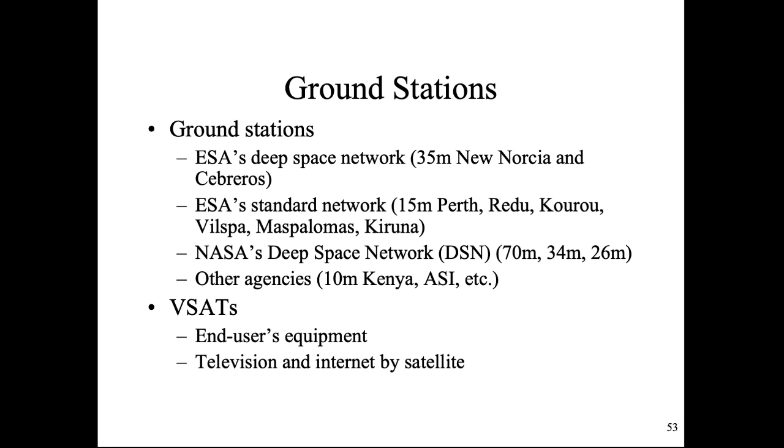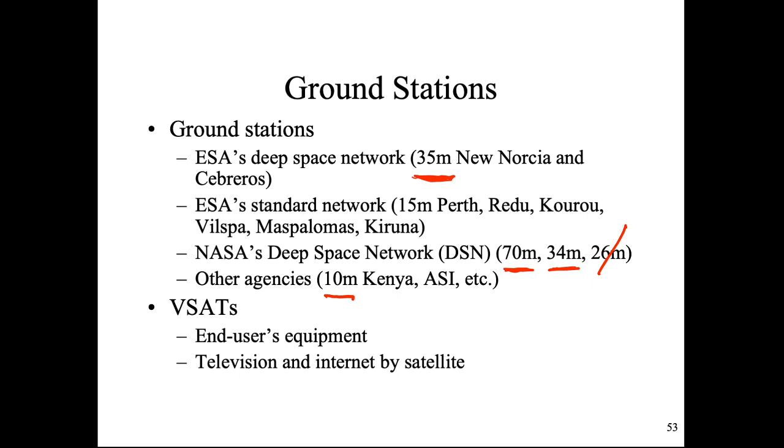And for the ground antennas, we will speak about how they are made a little bit. So for deep space, one uses a large antenna, 35 meters, even 70 meters NASA has. NASA has a network which is made up of 70 and 34 meter antennas. The 26 meter antenna network has been dismissed, and other space agencies have smaller antennas, 10 meters.